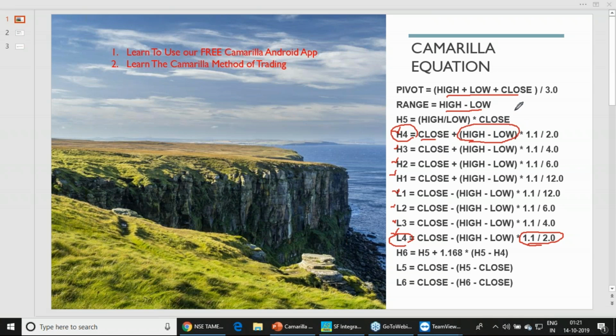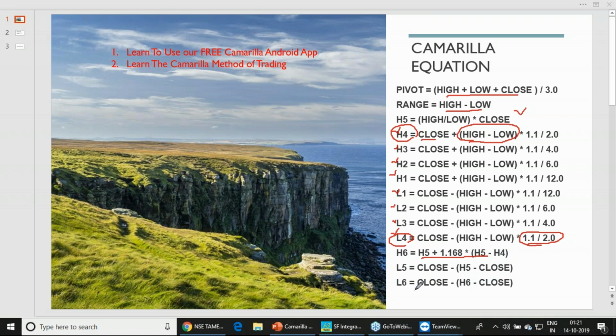Then the extended resistance H5 is high divided by low, multiplied with the closing, and the H6 also utilizes this formula, H5 added with 1.168 times of H5 minus H4.